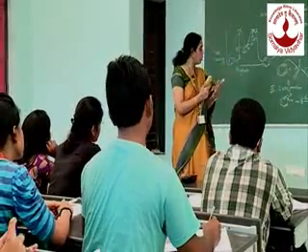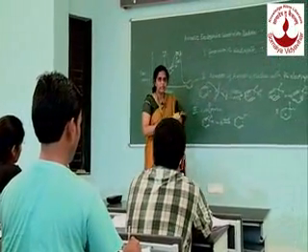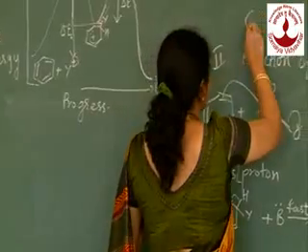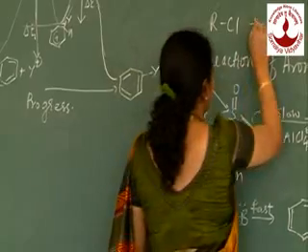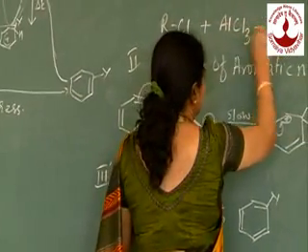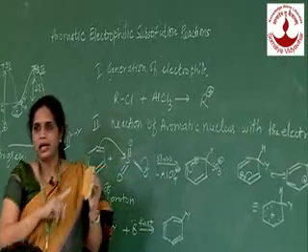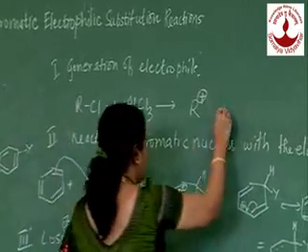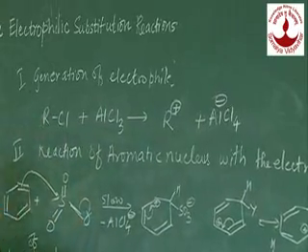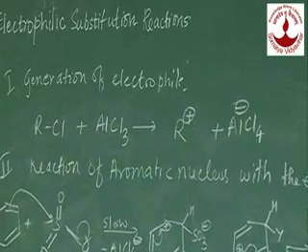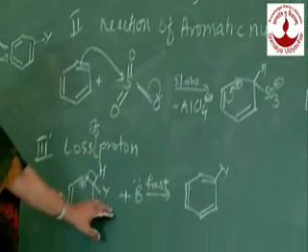Okay, so how does this reaction proceed? Again, as we had seen in case of halogenation, this is my alkyl chloride plus anhydrous AlCl3 which will give you the generation of an alkyl carbocation plus formation of AlCl4 minus, which acts as a base, and later it is helpful in the abstraction of this proton.